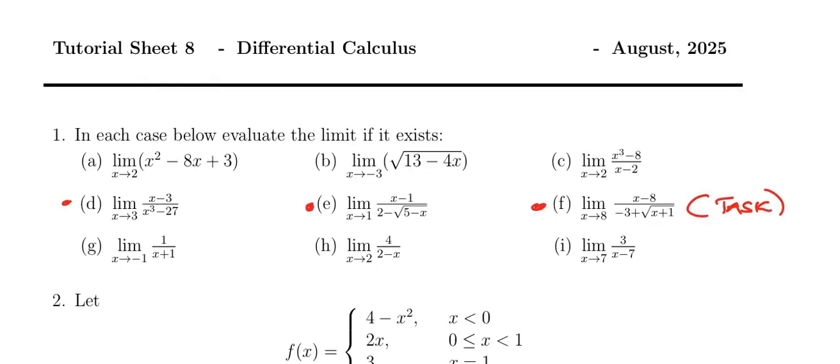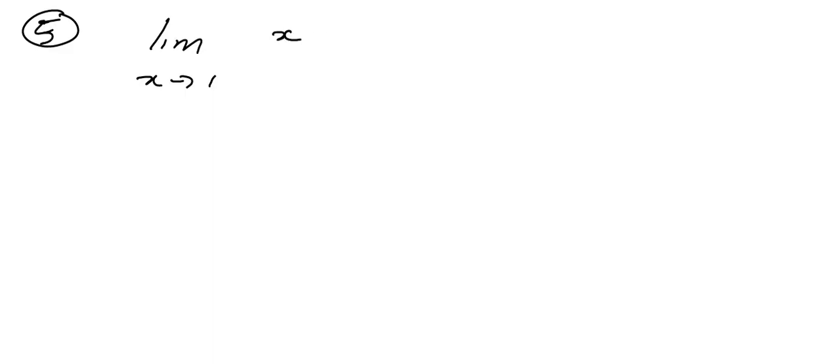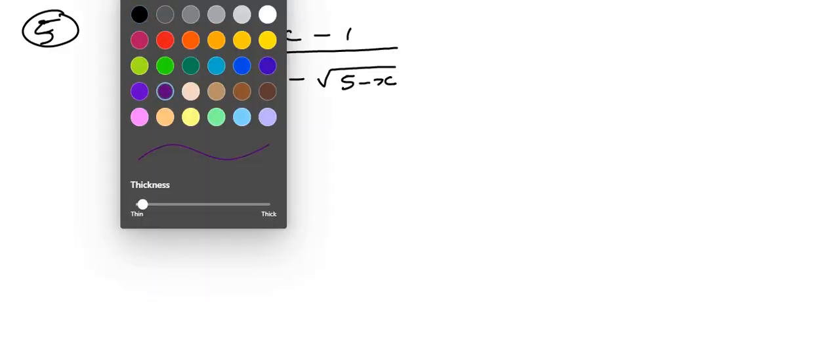So this is number 5 now. This is example 5. The limit as x approaches 1, x minus 1 on the numerator, then down you have 2 minus the root of 5 minus x. So I was saying we rationalize this using the denominator.